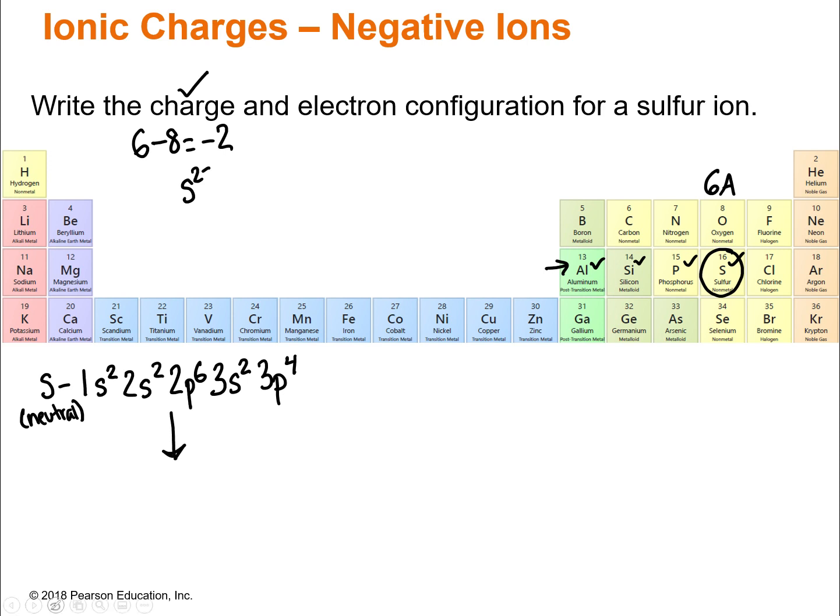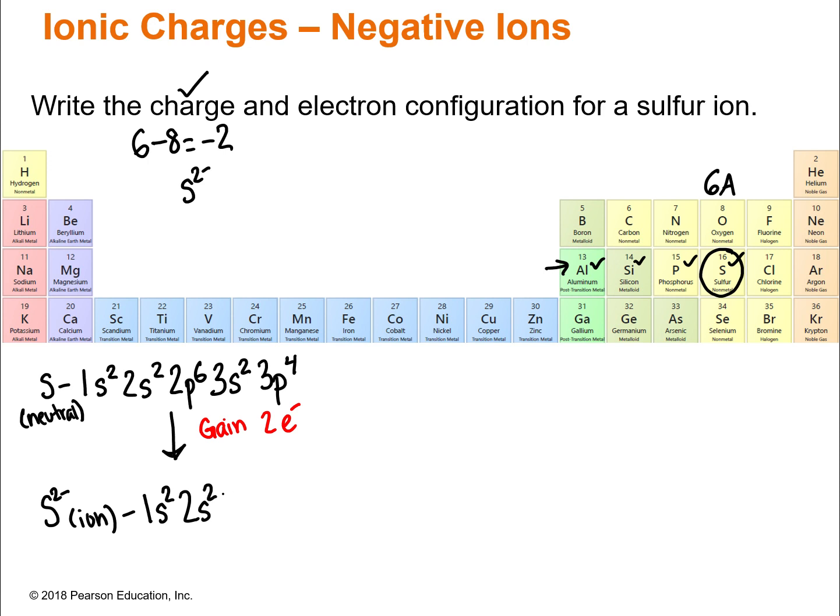We gain electrons if we're negative. And since our charge is -2, that means we have to gain 2 electrons. So for our ion, we need to add 2 electrons wherever they'll fit. Can't fit it in the 1s, that's full.